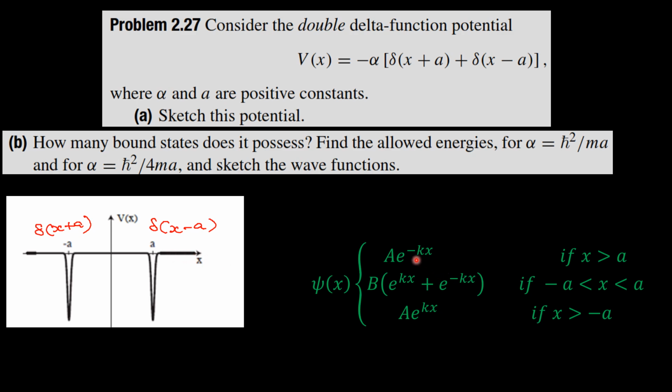So at infinity, the wave function has to vanish. So we have selected this wave function. The other one, e to the power plus kx, we have removed.